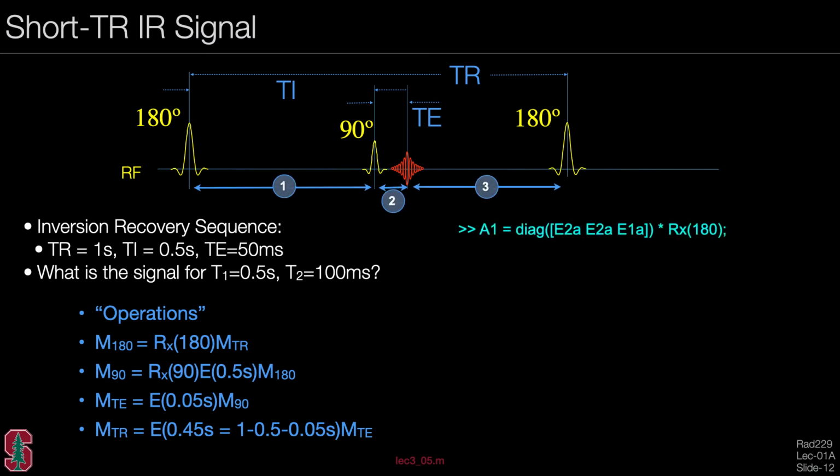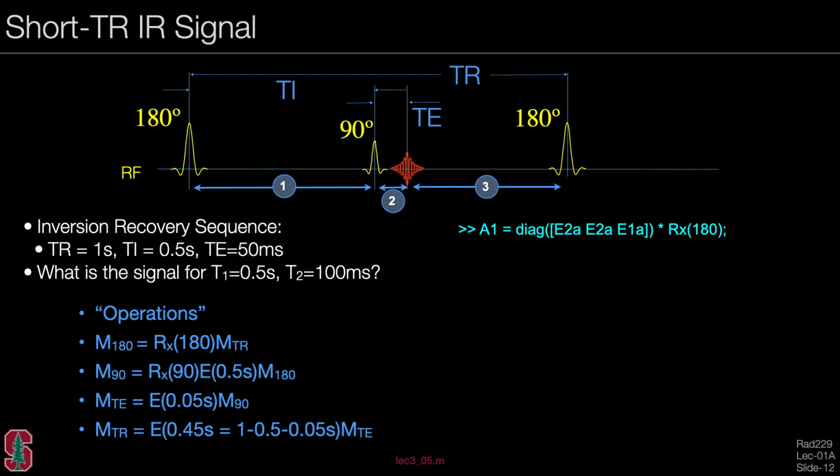So now what we're going to do is write this using MATLAB and matrix expressions. Okay, so first we assume that we've written these E2 and E1 expressions as described previously, given the time duration, the T1 and the T2.